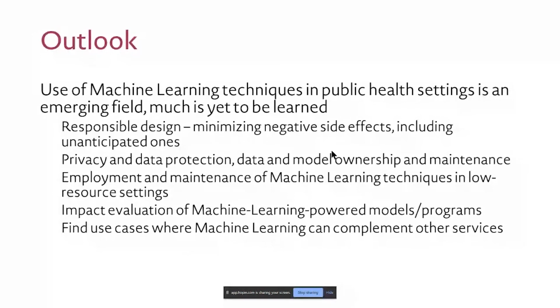A challenge that we face is that looking at scalability and ownership of these interventions, we need to think about maintenance of these techniques in low resource settings where, for example, government partners need to own the program.